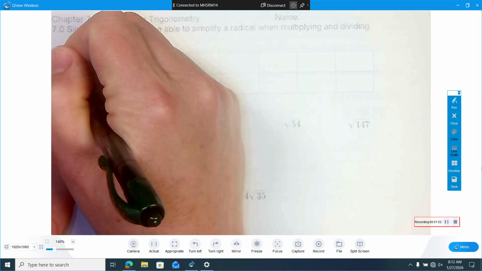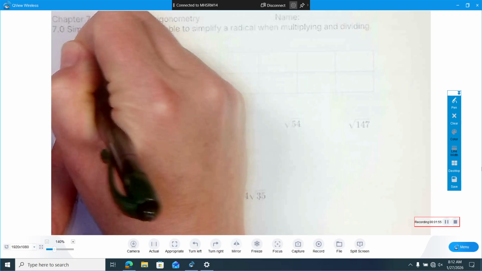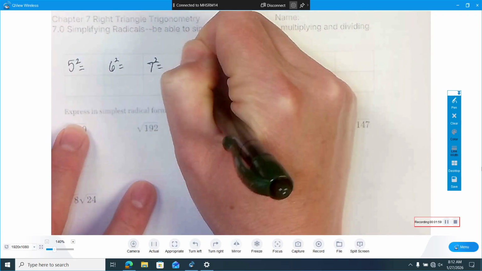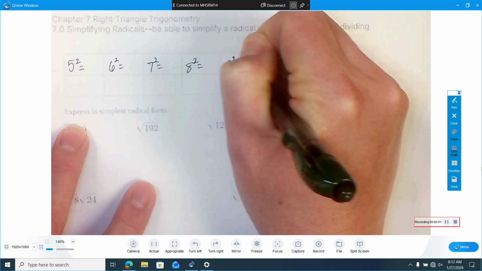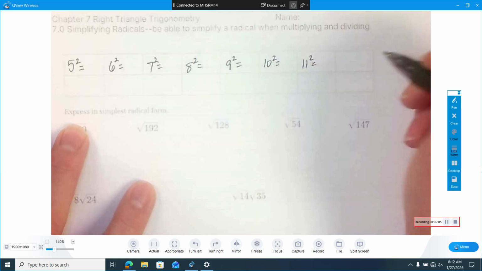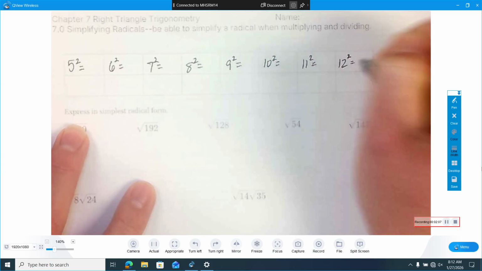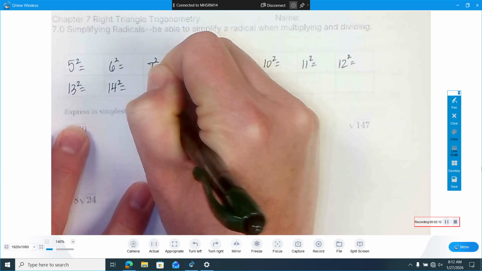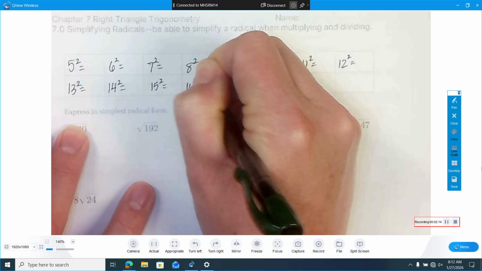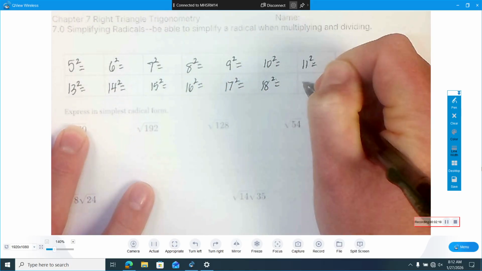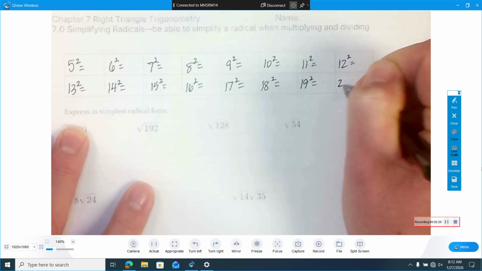We're going to start with, I don't know, 5. 5 squared, 6 squared, 7 squared, 8 squared, 9 squared, 10, 11, and 12, 13 squared, 14, 15 squared, 16, 17 squared, 18, 19, and 20.